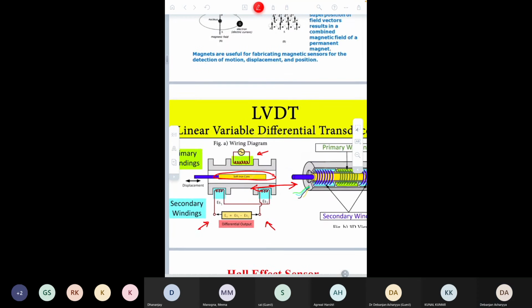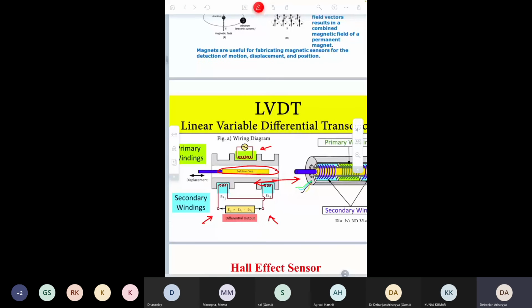If the core is at the present position, the mutual inductance for this particular coil and this particular coil are the same.